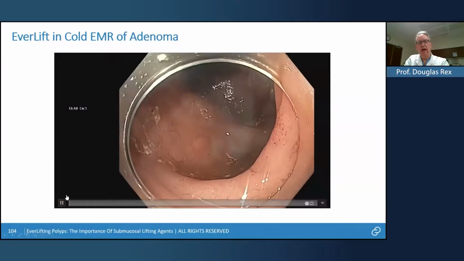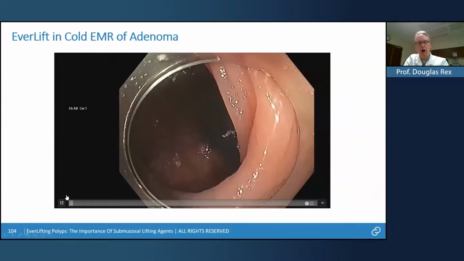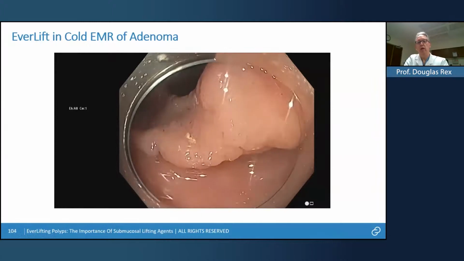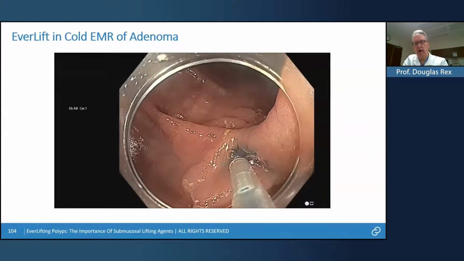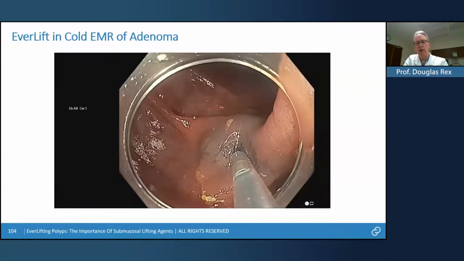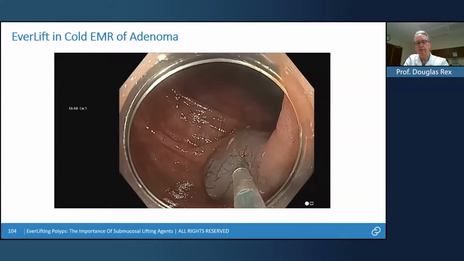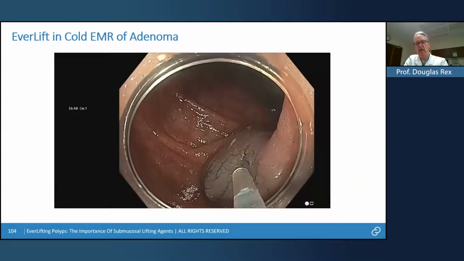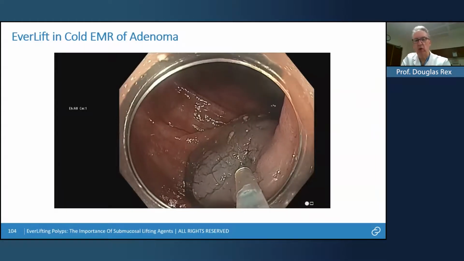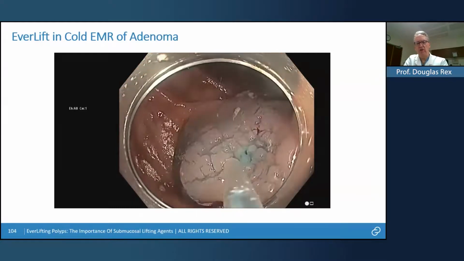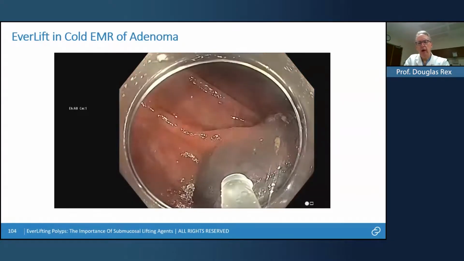This is a lesion that, as part of a randomized trial, is being removed with cold EMR, and it's a larger adenoma. I would characterize this as a non-granular adenoma with flat elevated morphology. It does not have a pseudodepression in it. If these things lack a pseudodepression, they still have a quite low risk of cancer.